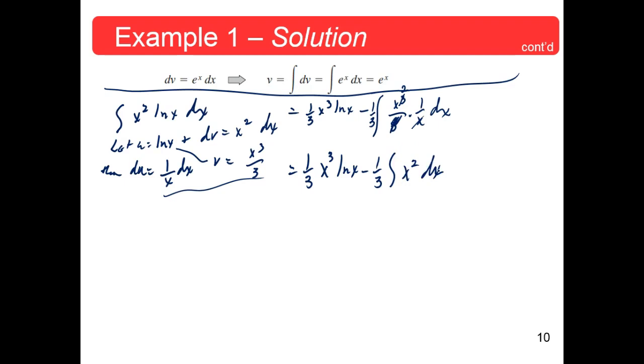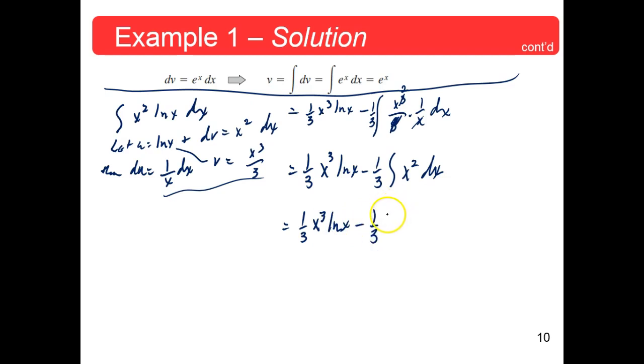And guess what? We can do that integral. Okay? So let's do it. And what is that? Don't forget the first part, 1/3 x cubed log x minus 1/3.